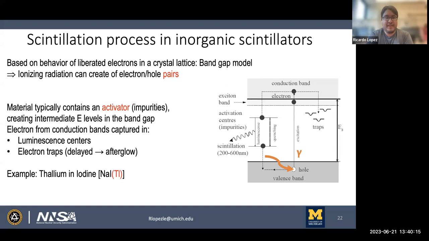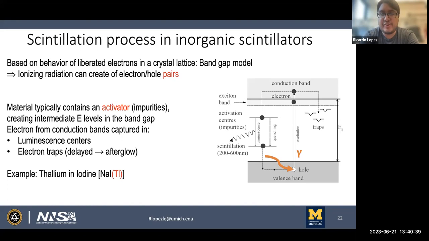Now, it's a very common thing to actually not just have your pure scintillator. Oftentimes, because of the way that the physics work out, it's advantageous to include an impurity in your material intentionally. And instead of calling this an impurity, though, we would call it an activator.